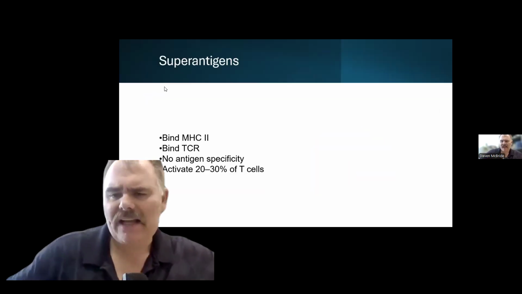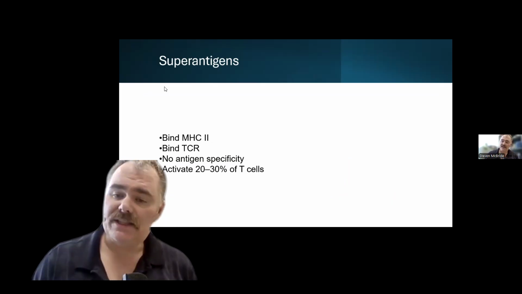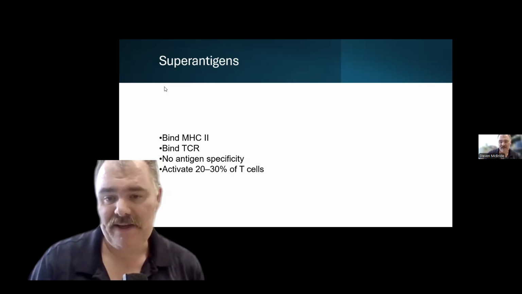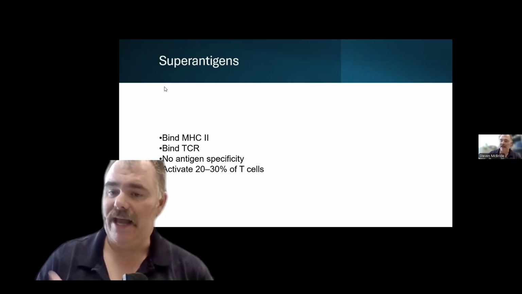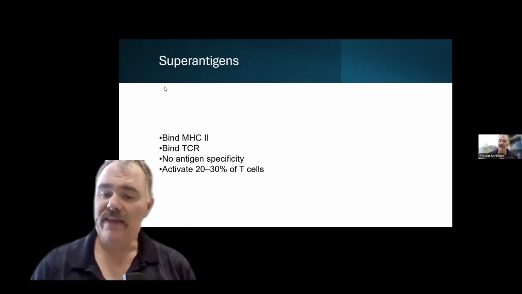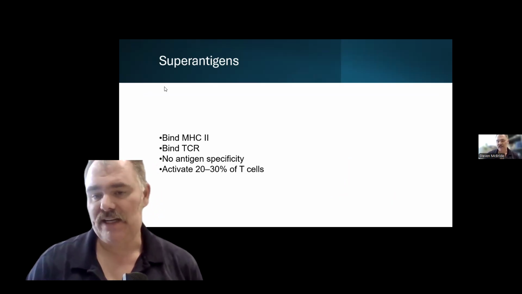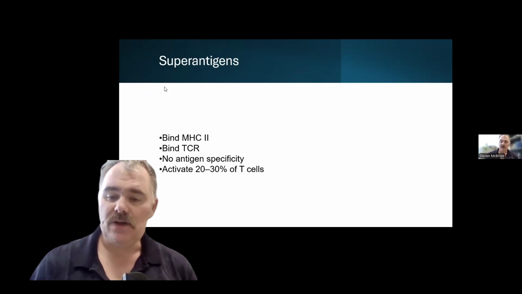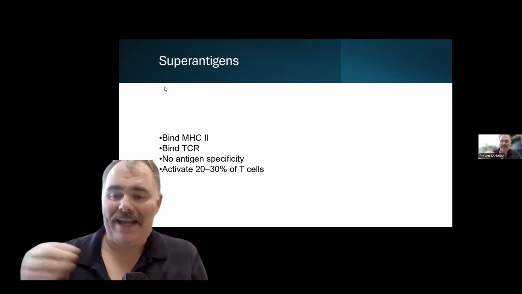Most antigens activate only a tiny fraction of T cells. However, superantigens bypass this normal specificity. They physically connect MHC2 molecules on antigen-presenting cells with T cell receptors, regardless of what antigen is being presented. As a result, 20 to 30% of all T cells can become activated simultaneously.